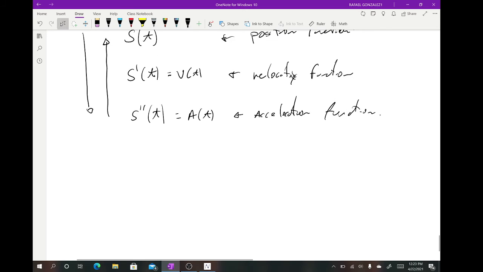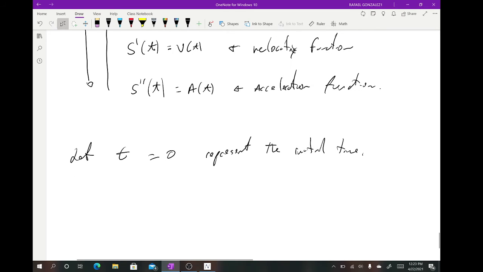So first of all, let the variable t stand for time, and let t equal 0 represent the initial time. Now we have two initial conditions.